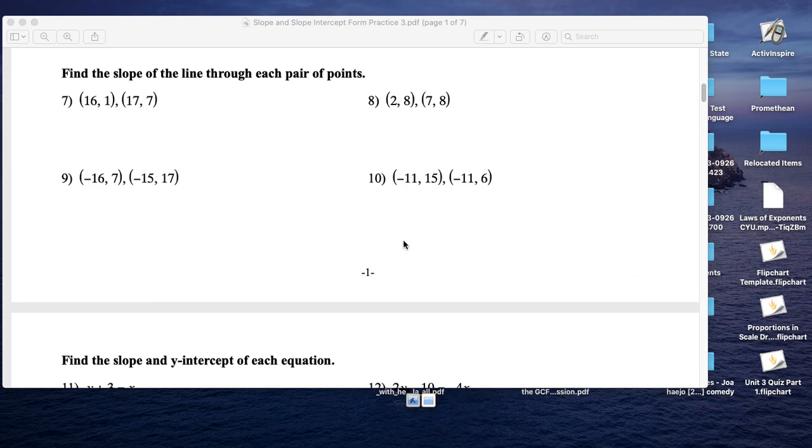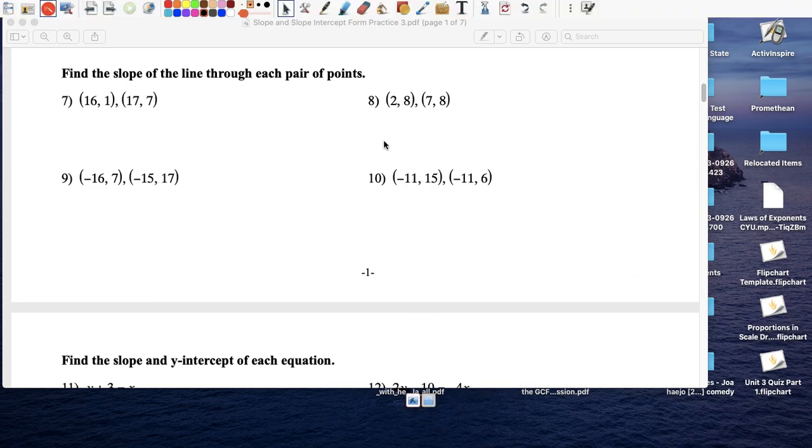Number 7, find the slope of the line through each of the pair of points. So it's the same thing as the previous one, right? Except it doesn't have a graph. X1, Y1, X2, Y2, so I don't get confused. So we're going to have 7 minus 1 over 17 minus 16. And we get 6 over 1. And the slope is 6.